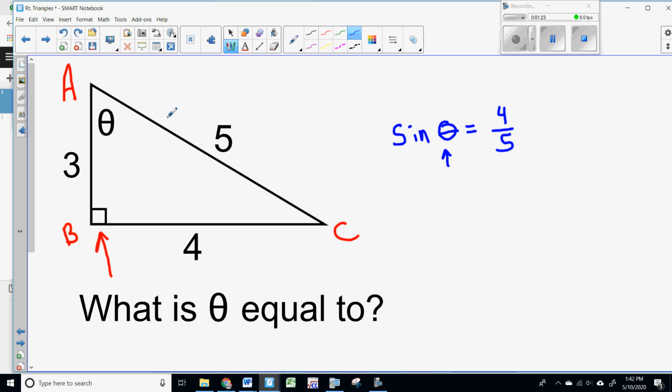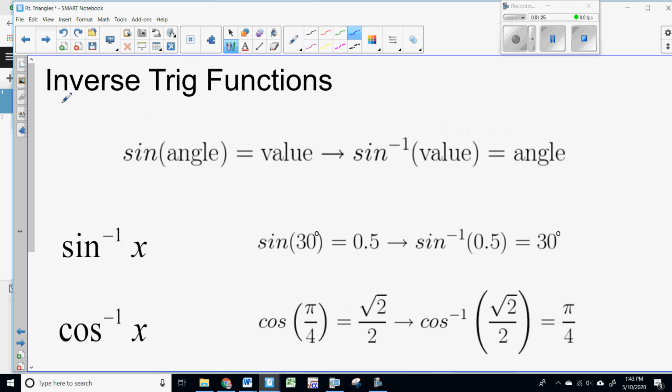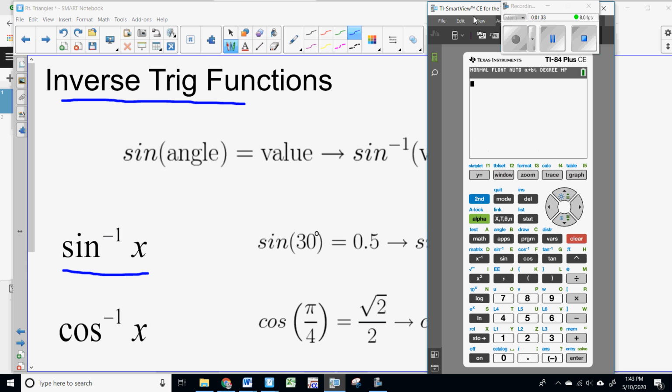Well, to do that, we're going to use a new thing on our calculator that is known as the inverse sine, and it's sine to the -1. Now, if you have a TI-83 calculator, you have your sine button here, and right above it you can see sine to the -1. So you hit second sine to get sine to the -1.